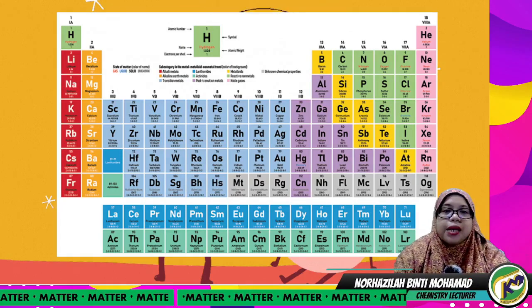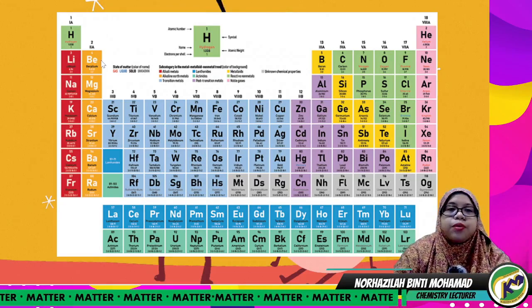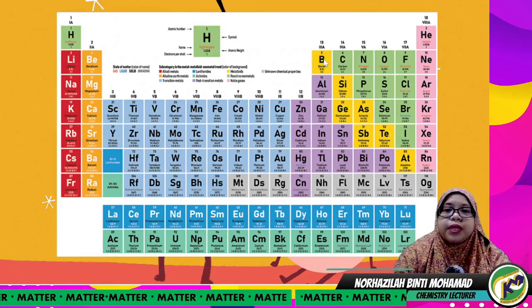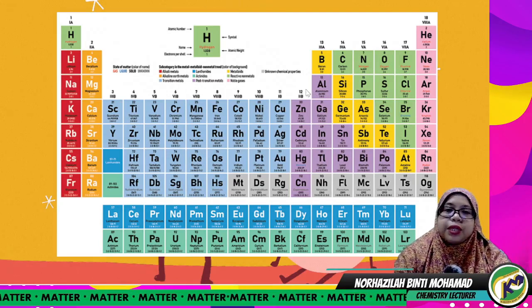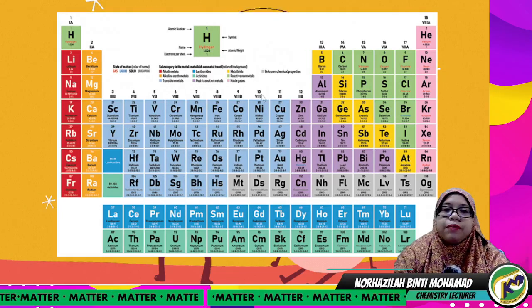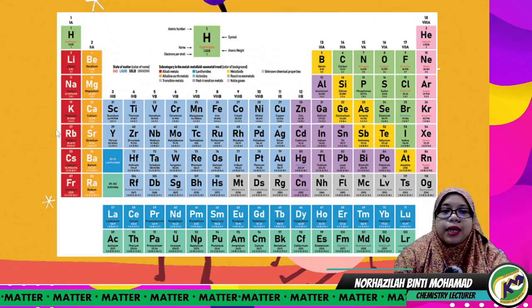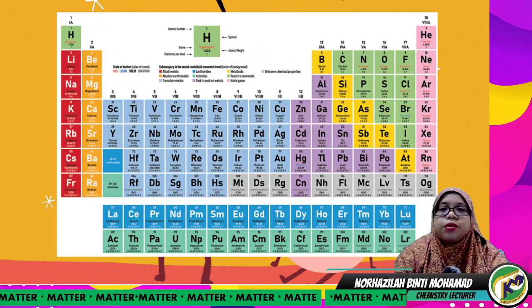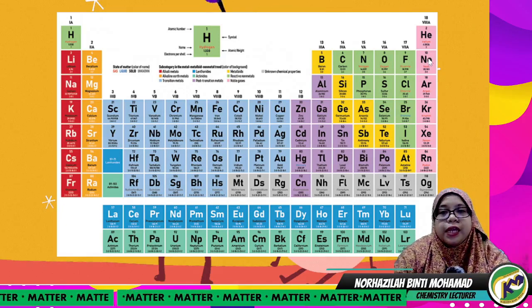I will explain the elements in group 1, group 2, group 13, 14, 15, 16, 17 and 18 only. I will exclude the elements in the middle, which we call the transition elements.